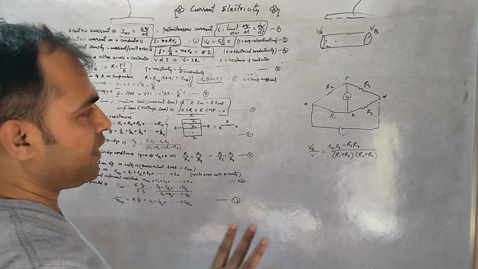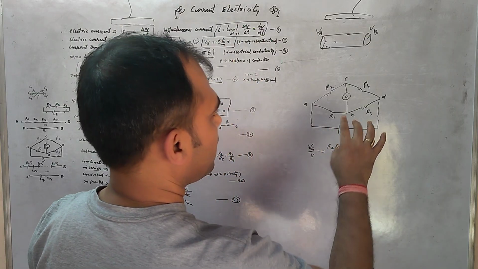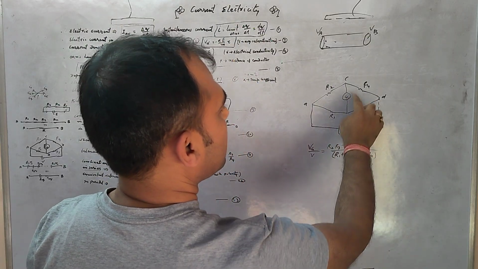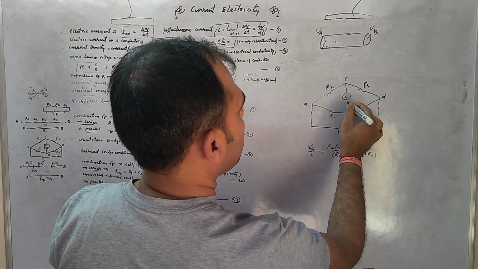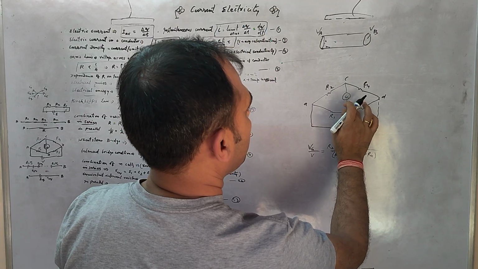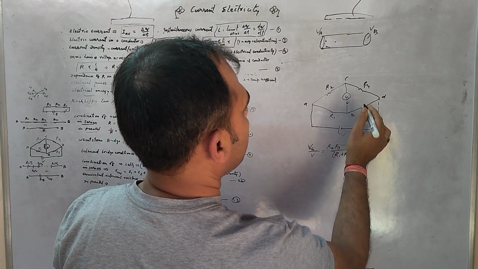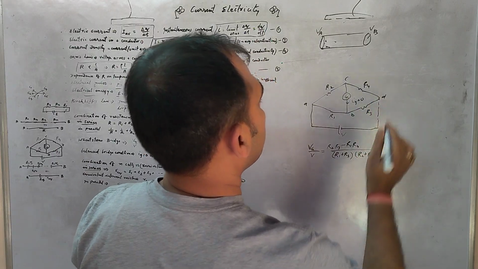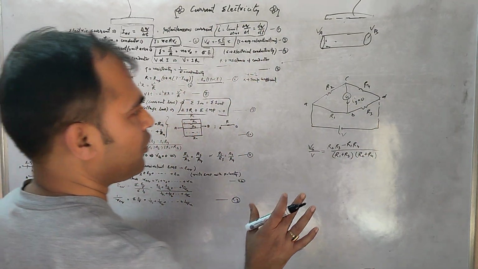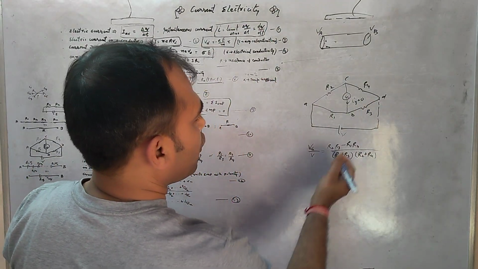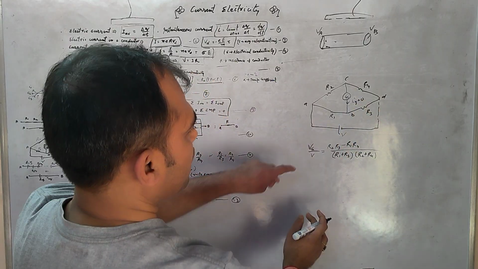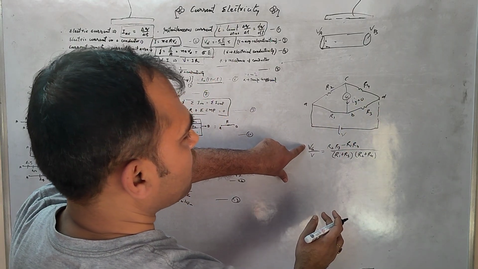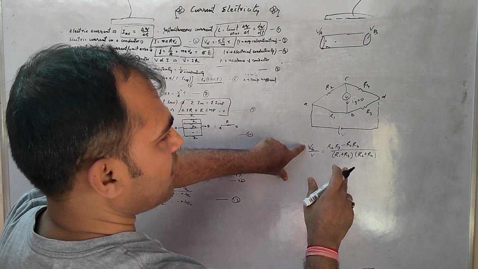But in the specific case of a balanced Wheatstone bridge, the current Ig across this galvanometer becomes 0. So if Ig is 0, Vg will also be 0, as V is equal to IR.